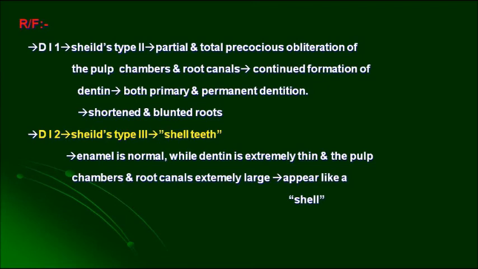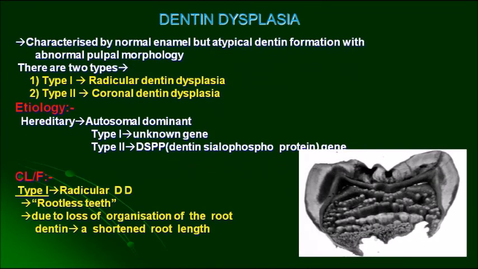So that point is very, very important. Here the enamel will be normal, whereas dentine is extremely thin and the pulp chamber and root canals are extremely large in size. So it appears like a shell. That is why it is called a shell tooth. Clear?